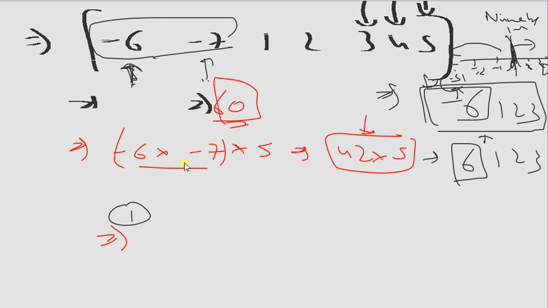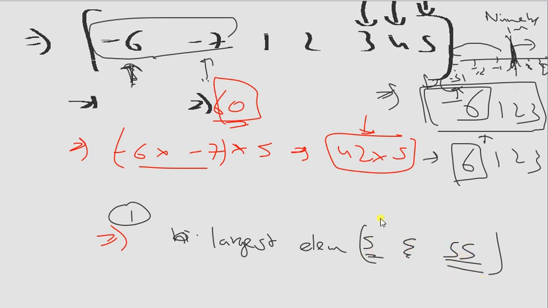Okay, so I will multiply the largest element with the smallest and the second smallest element that I have, because the smallest and second smallest elements when multiplied together are going to give me a positive value, and then I can use this positive value to find my maximum product by multiplying it with the largest element that I have.